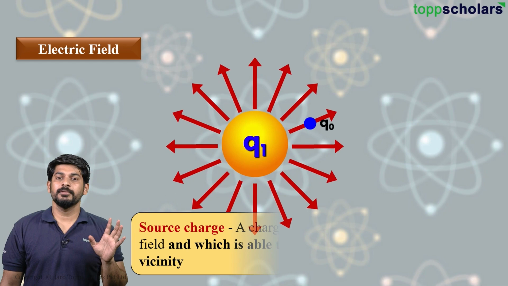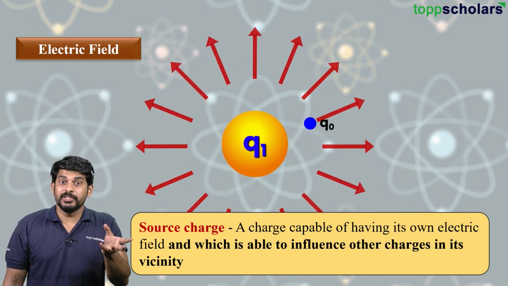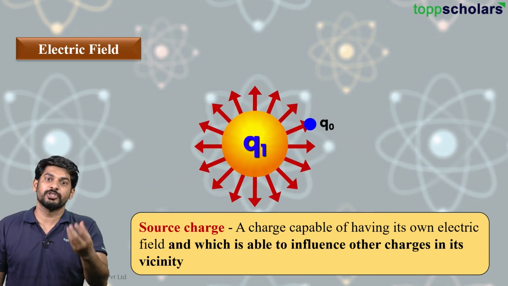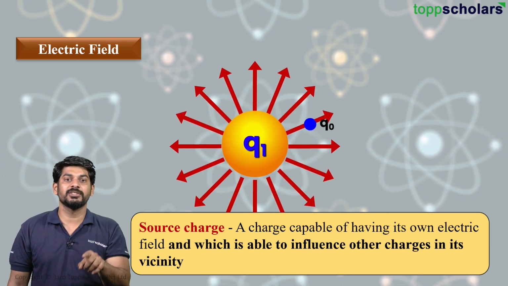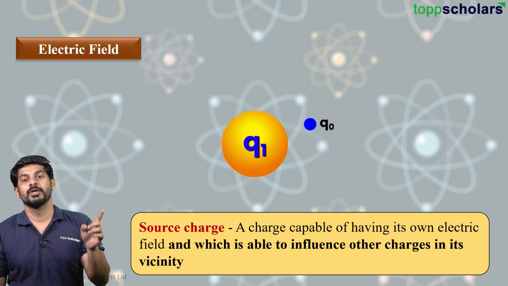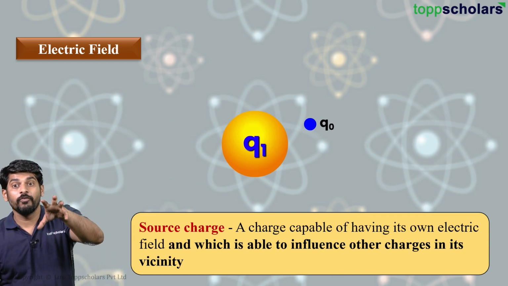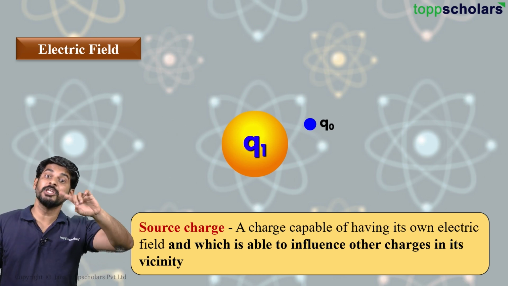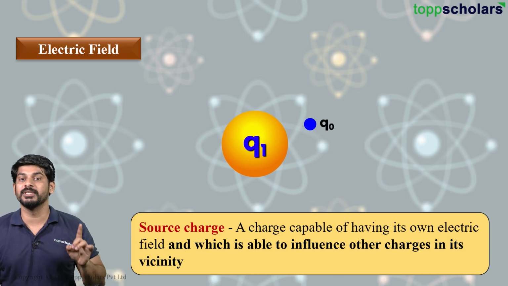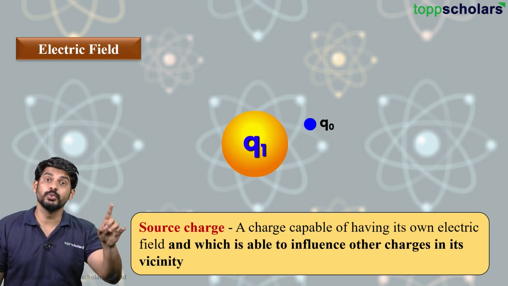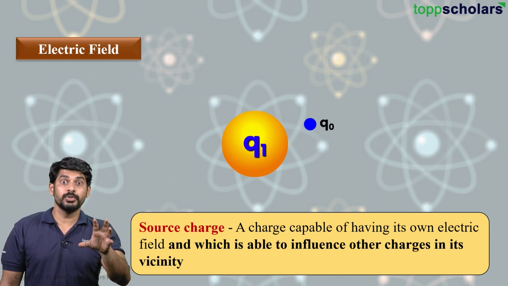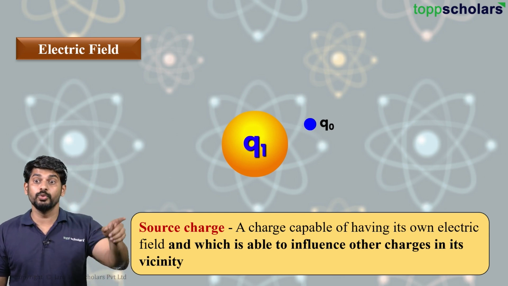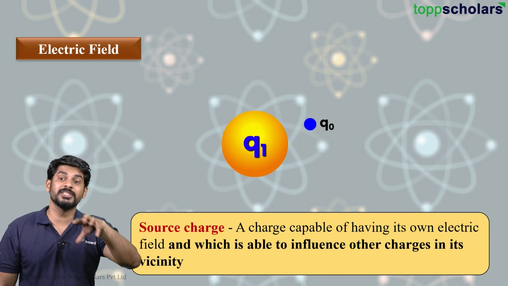Then Q1, which is actually producing the electric field, and we are studying the effects of Q1 on Q0, that charge is called a source charge. A charge which is capable of having its own electric field and which is able to influence other charges in its vicinity is called a source charge. Just like we can see over here, Q1 is able to produce its own electric field and it is able to influence Q0, which is in its vicinity.